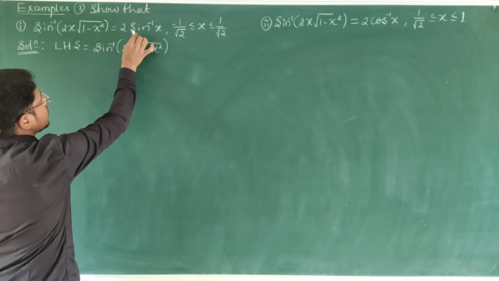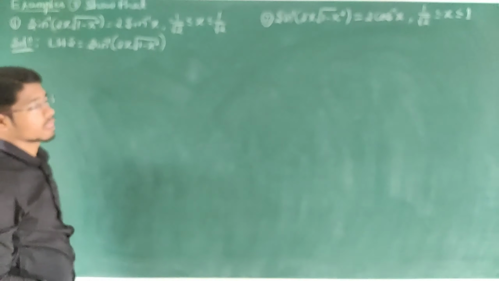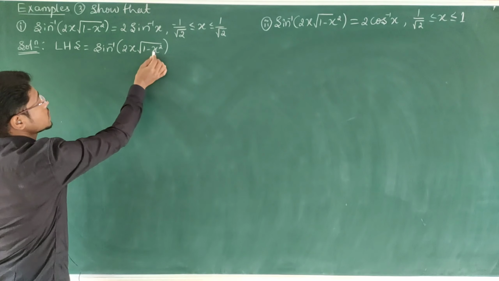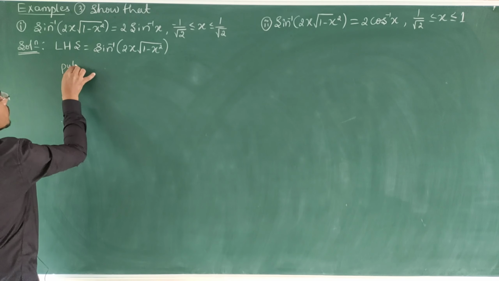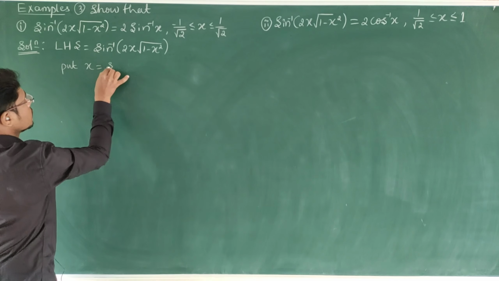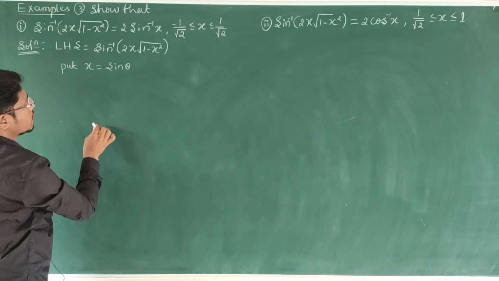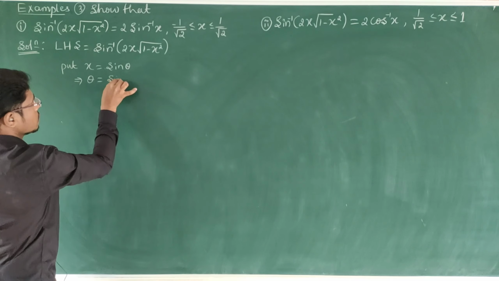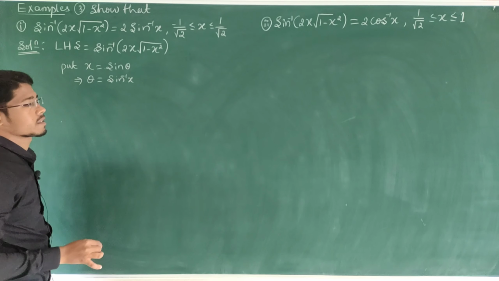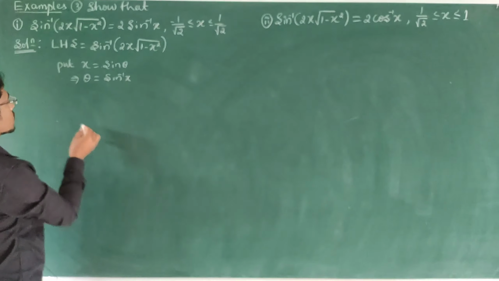So in the result we need sine inverse again. For that I will substitute x equal to sine theta. So put x equal to sine theta. This implies theta equal to the sine inverse of x.